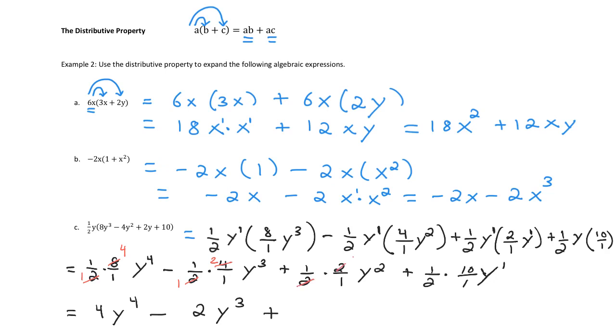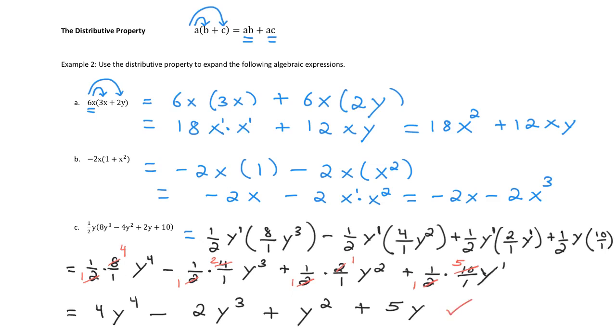Here the 2's cancel. That entire coefficient is just going to be 1. I'll write just simply y squared. And then for the last piece, we have 2 goes into itself once, it goes into 10 5 times. The number that's left over there is going to be 5 times y. You can write the 1 or not. I'll choose not to, and this is the final answer for that last part.